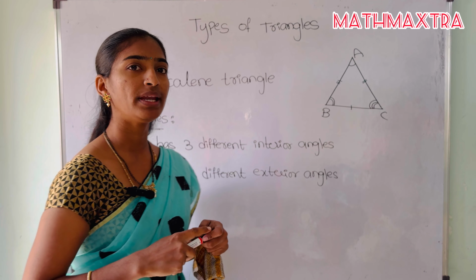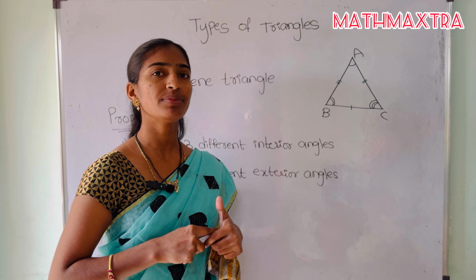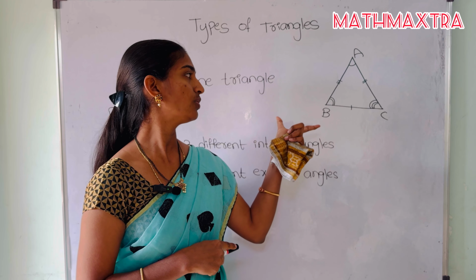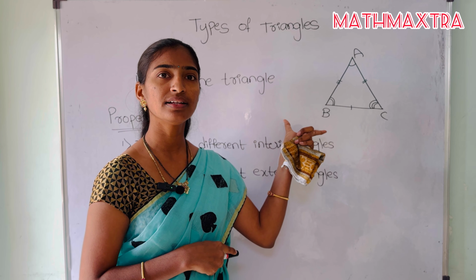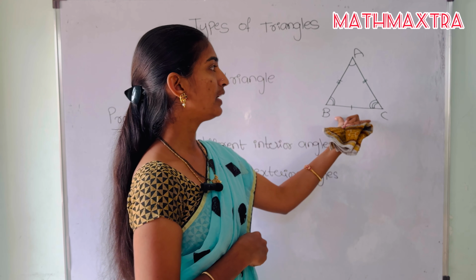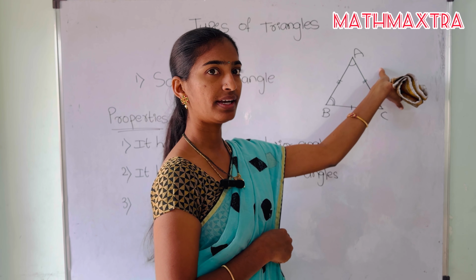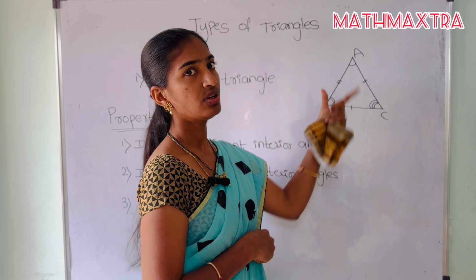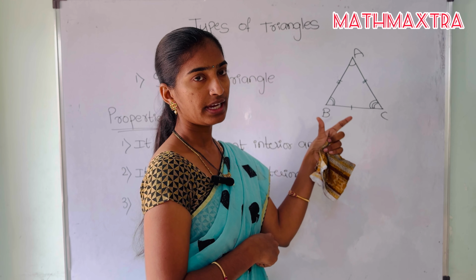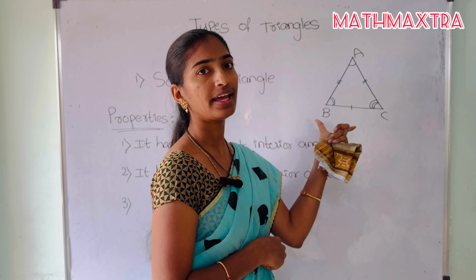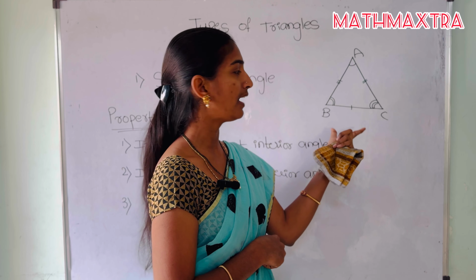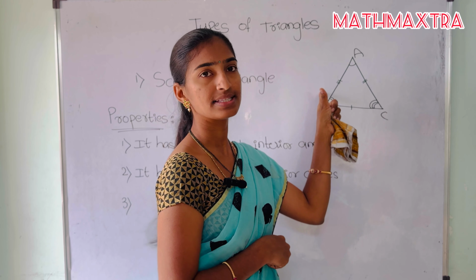Now, how many measurements does it require to construct a scalene triangle? See, this is one different length, this is one different length, and this is one different length. So, it has three different lengths. In order to construct a scalene triangle, we should have these three lengths, right?